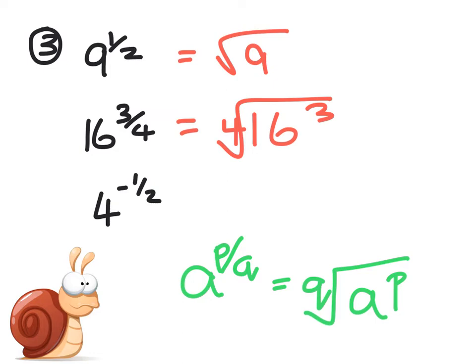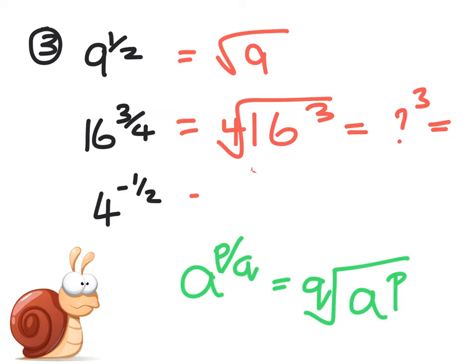So the first thing we work out is the fourth root of 16. Okay, so what number times itself 4 times makes 16? Once we've got that, we do that number to the power 3.